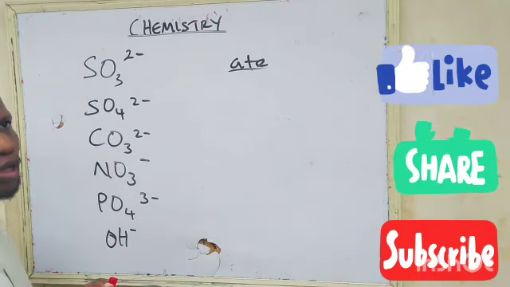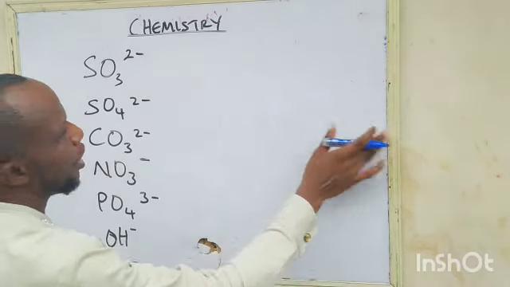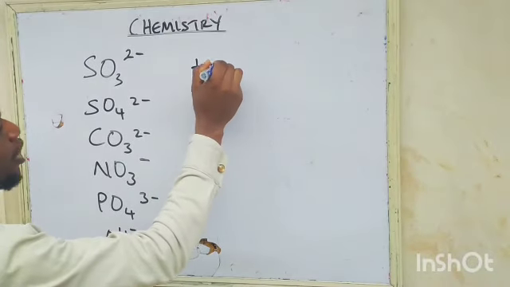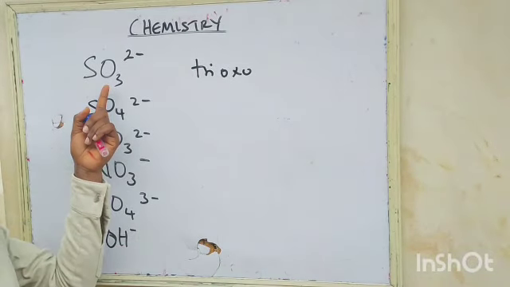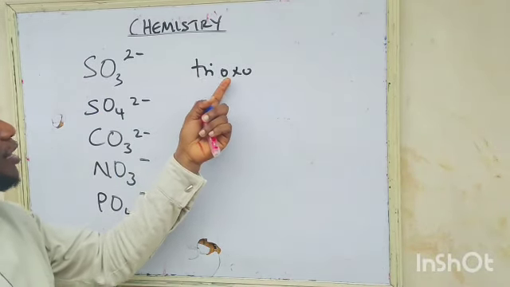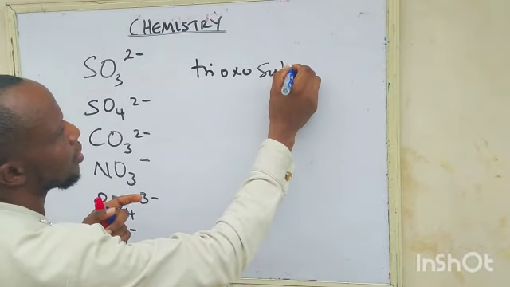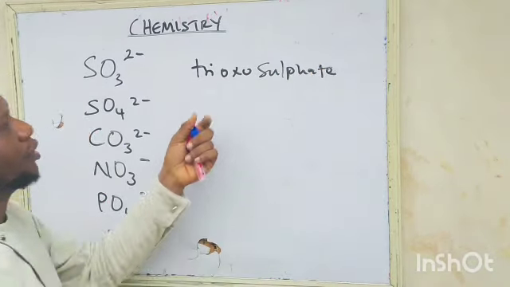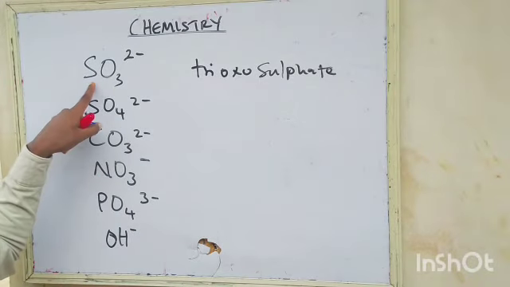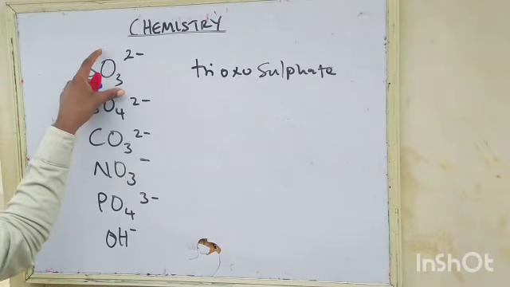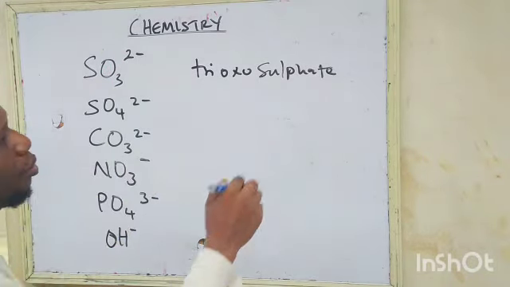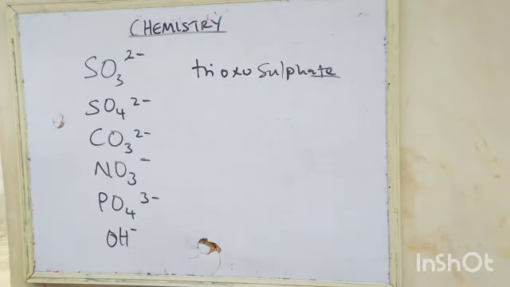This gives us sulfate. But in the IUPAC naming, you call it trioxo. 3 oxygen involved, tri, then the oxo for oxygen, then the sulfate is sulfur reacting with 3 oxygen. So be mindful of the ATE.